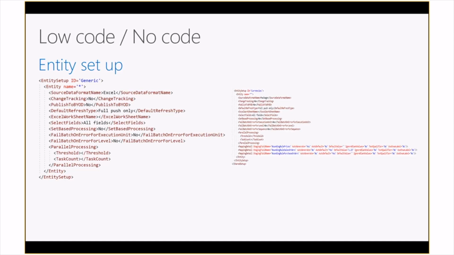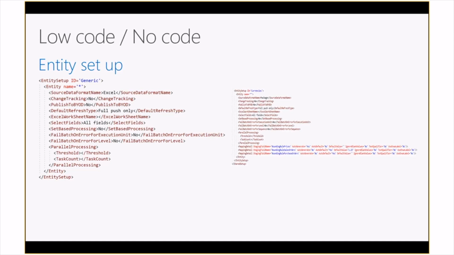So it will be quite flexible to have a concept of a wildcard on the entity setup, where we say that these specific settings apply to all entities in the data package without having to explicitly go and define one at a time. So that is where the star in the entity name comes into play, where this is a wildcard and applies all the settings to all the entities in the package.